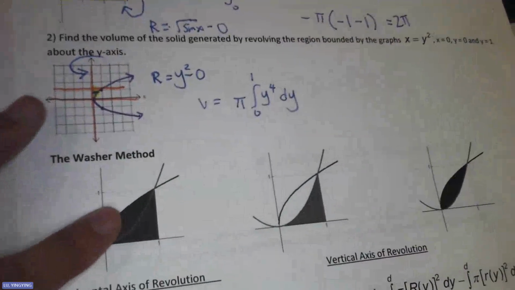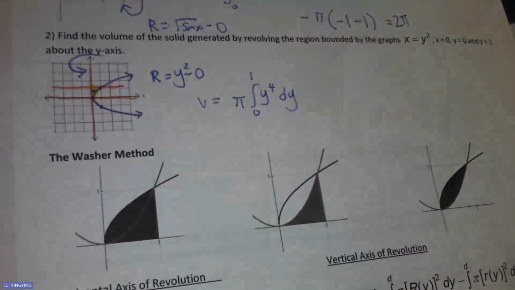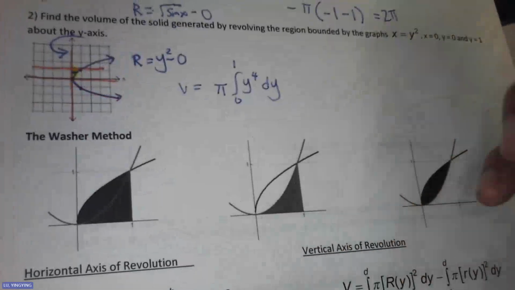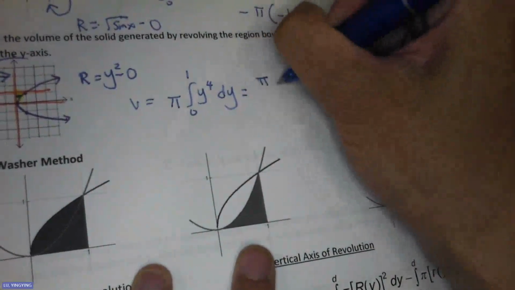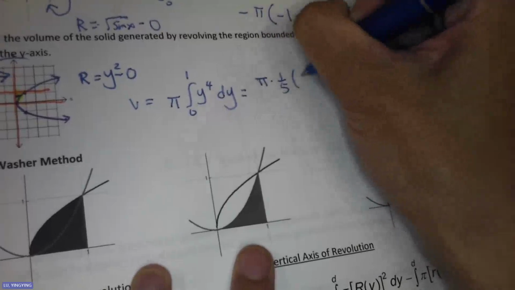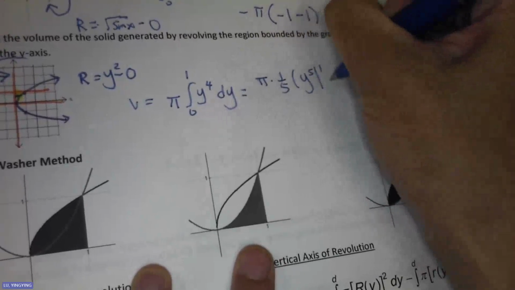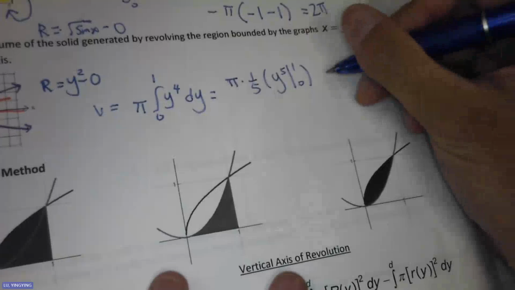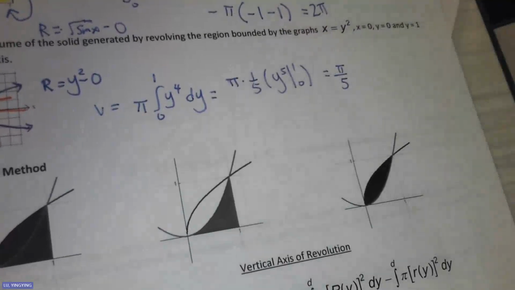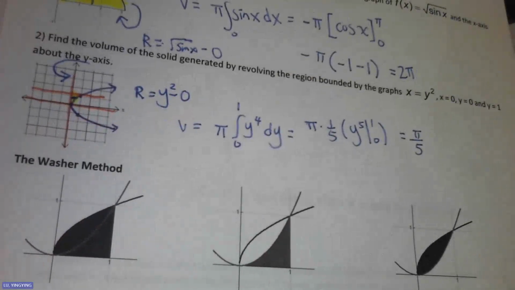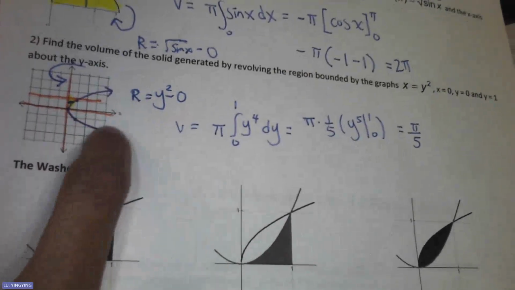This is very, very easy to integrate. I'm going to do the integration because you need to know how to integrate the very basic things. This is pi times 1 over 5, y to the 5th power, evaluated from 1 to 0. So the answer is just pi over 5. It's nothing else but pi over 5, right? So again, horizontal is a little bit weird. You just have to think right minus left.